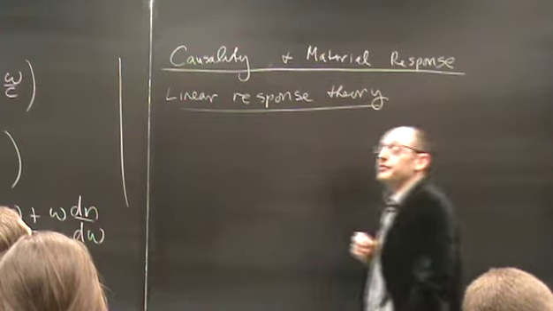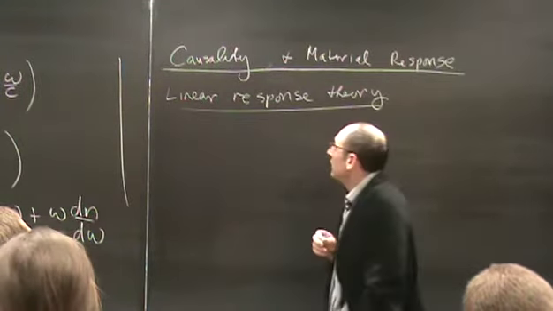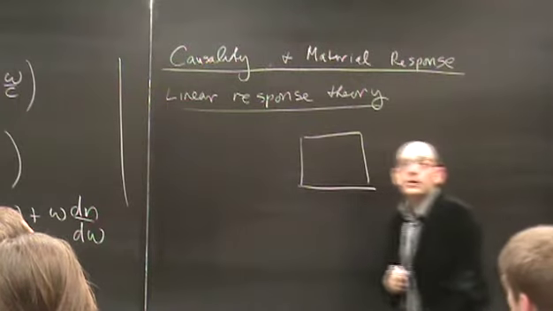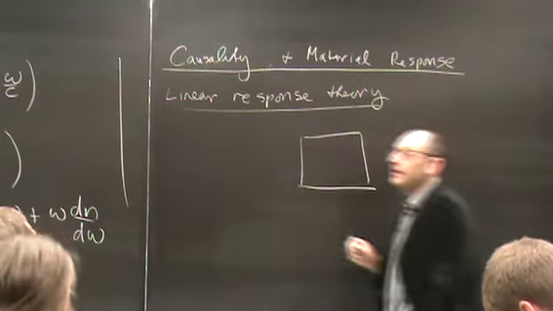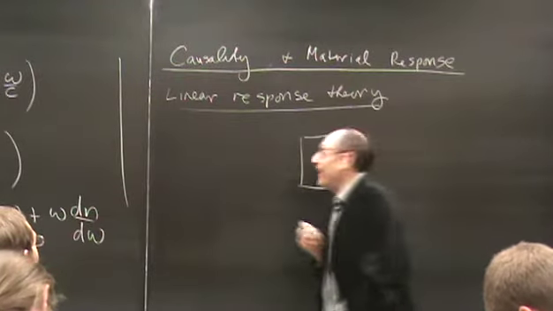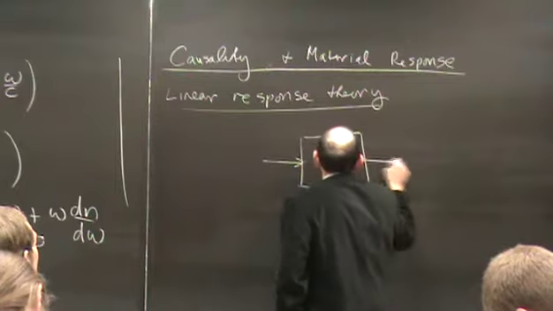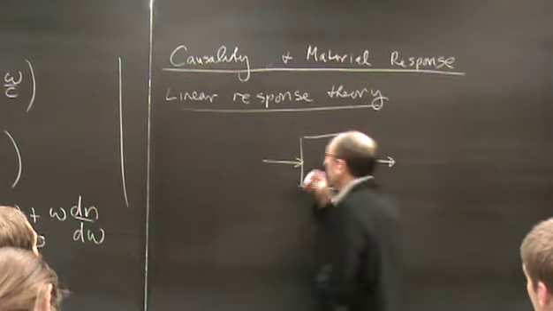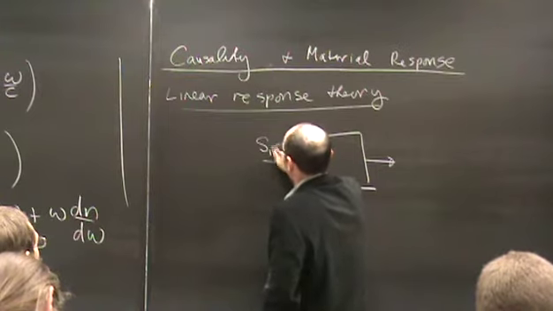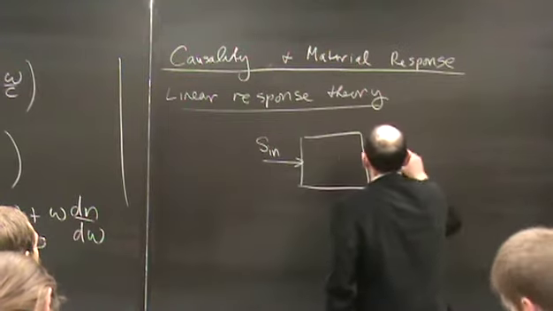Let me just explain what I mean. Let's say I have a black box. Okay? And there it is, it's a box, it's black, meaning we don't know what's inside it. But what we do know is that we put some signal in and we get some signal out.